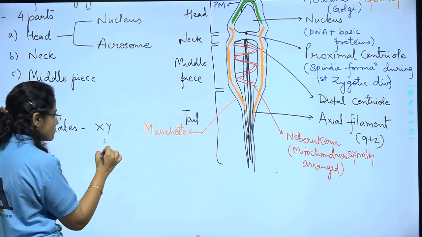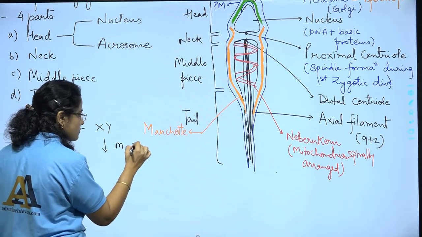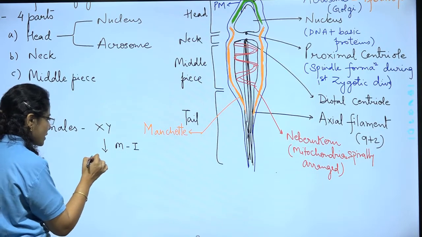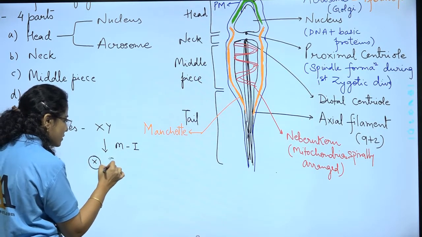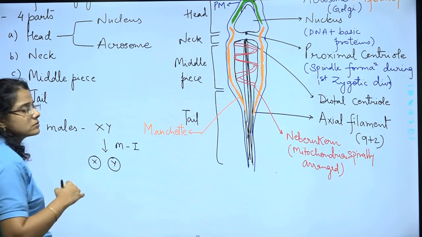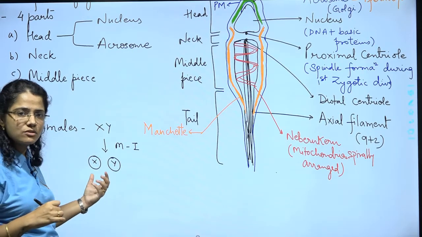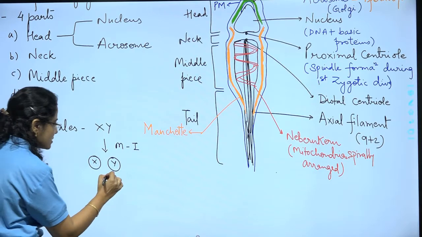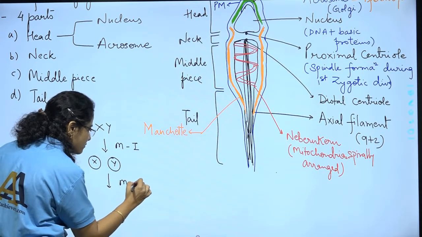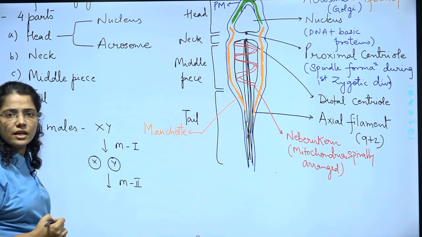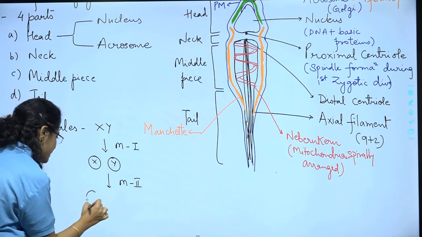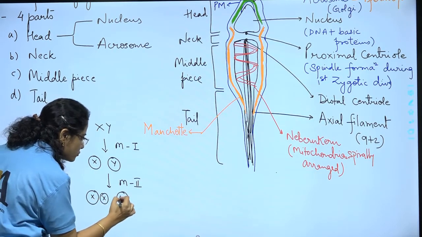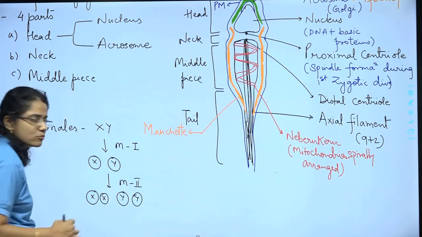When meiosis 1 takes place, which is the reductional division, they separate, and half of the sperms will have the X chromosome, half will have Y. And then the second meiotic division produces the spermatids. So there will be two spermatids with X and two spermatids with Y chromosome.